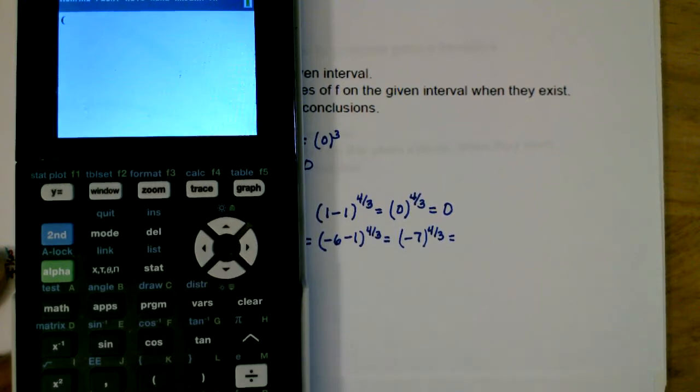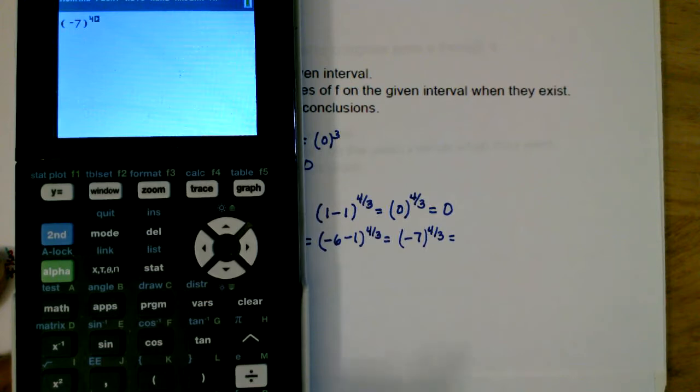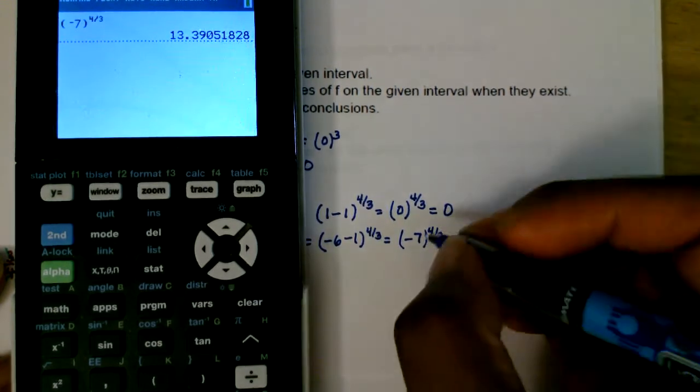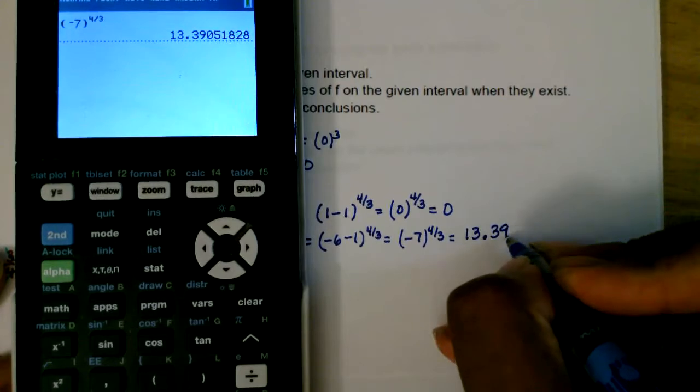So I'm going to put this in parentheses, -7, close parentheses, press the hat key, and then 4 divided by 3. And I can press enter from here. To 2 decimal places, this will be approximately 13.39.